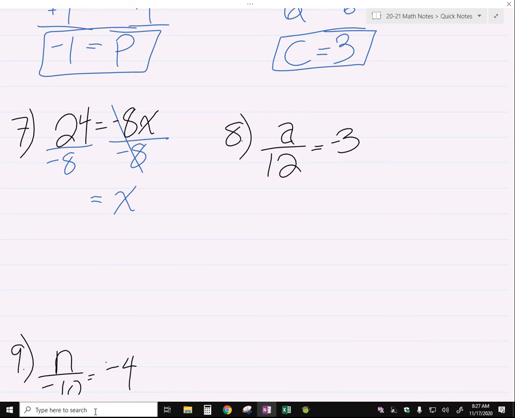Negative times negative, or negative divided by a negative, becomes positive. When you have a negative times a positive, negative. When you have a negative divided by a positive, just negative. If there's an odd number of negatives that you're dealing with, it's going to be negative. So I know that 24 divided by 8 is 3, but it's also a negative 3 because there's one negative.